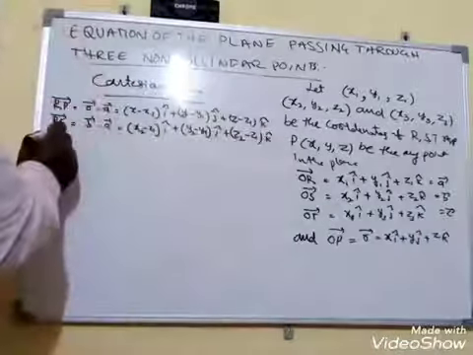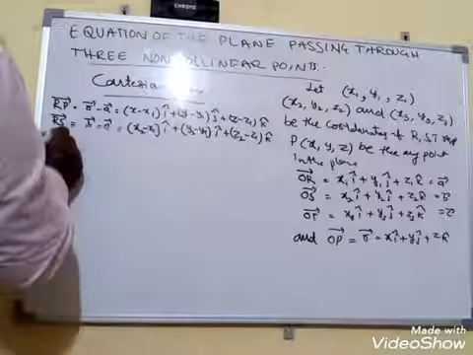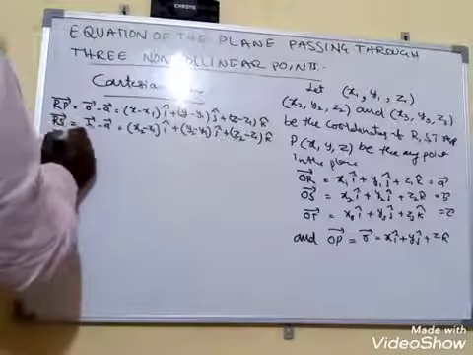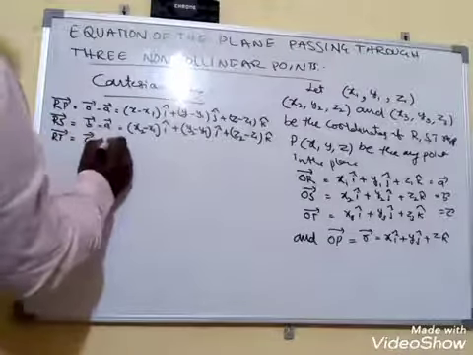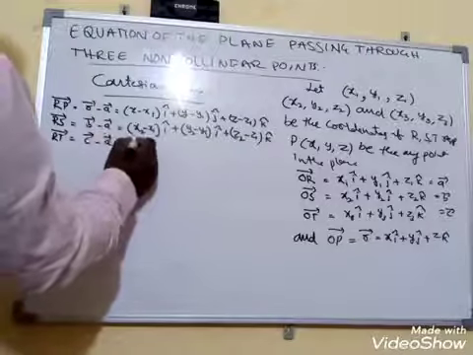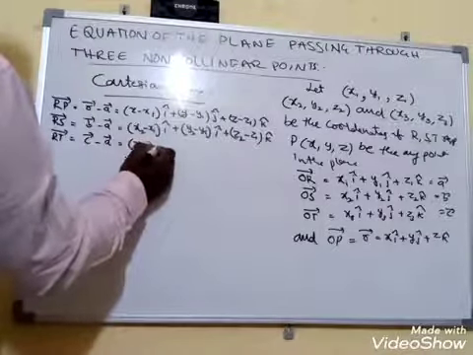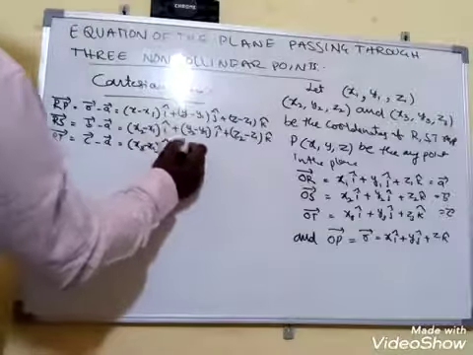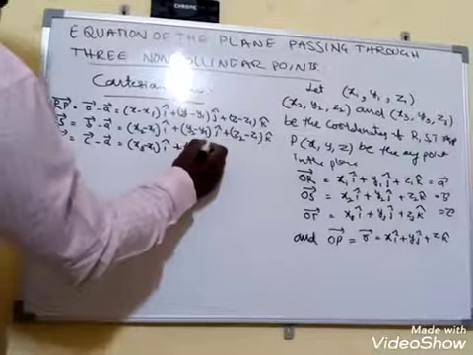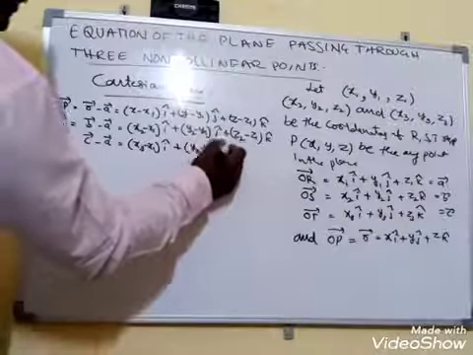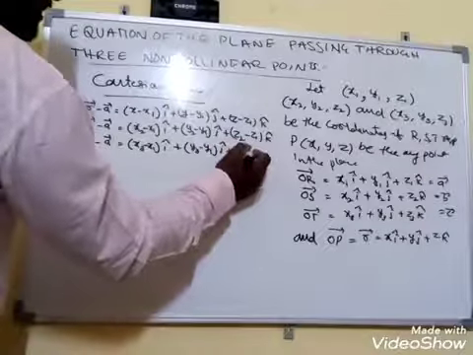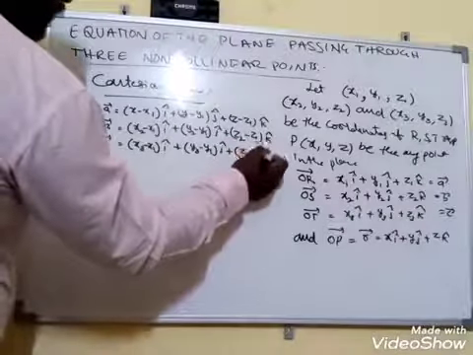Further, RT bar is C bar minus A bar. Then you get (x3 minus x1) i cap plus (y3 minus y1) j cap plus (z3 minus z1) k cap.